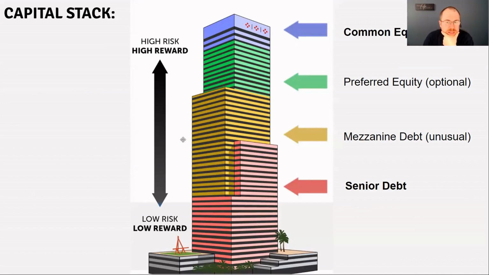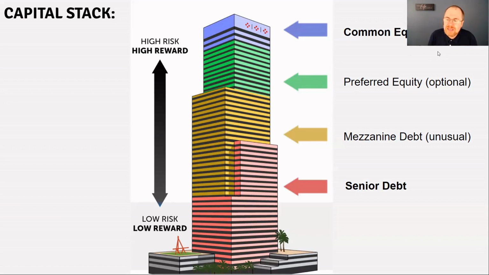Yeah, let me use the simplified slide here. If you invest as part of the common equity, like the typical investor, the preferred equity could be a subset of the investors, as some sponsors do, or they really go to a third party to finance preferred equity.